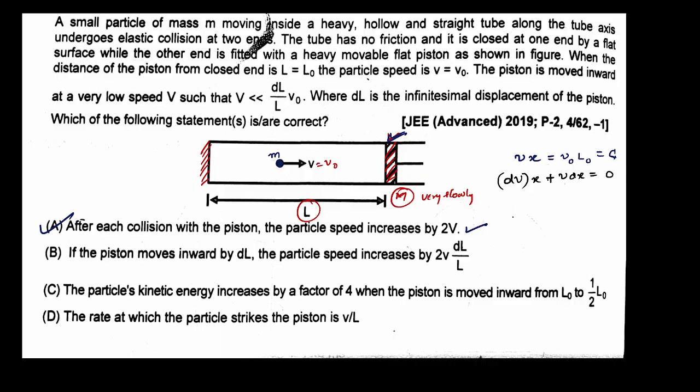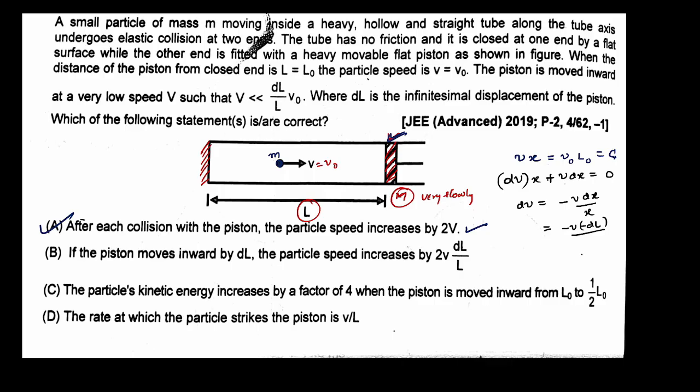So the change happening to the speed is equal to minus v dx by x. Here the speed will increase, and dx here is the change in x, which is negative dl because l is decreasing.